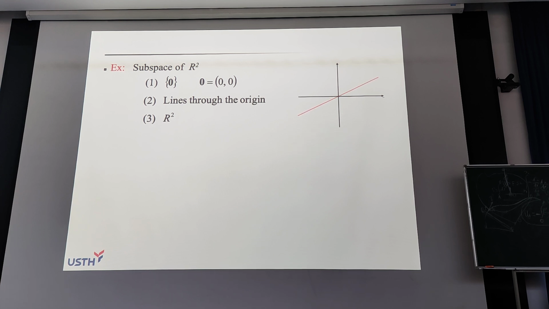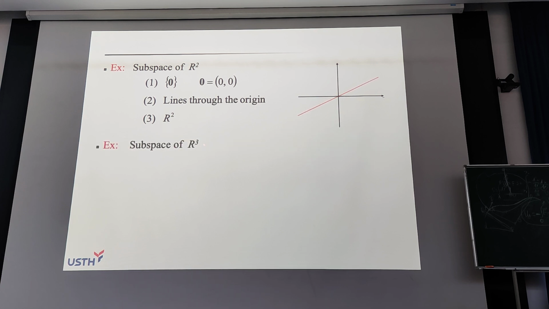But besides that, we still have any line going through the origin and nothing more. You can try any straight line not going through the origin, then you can show that it is not a subspace. We are going to see that after some slides. Now I continue with the next example.